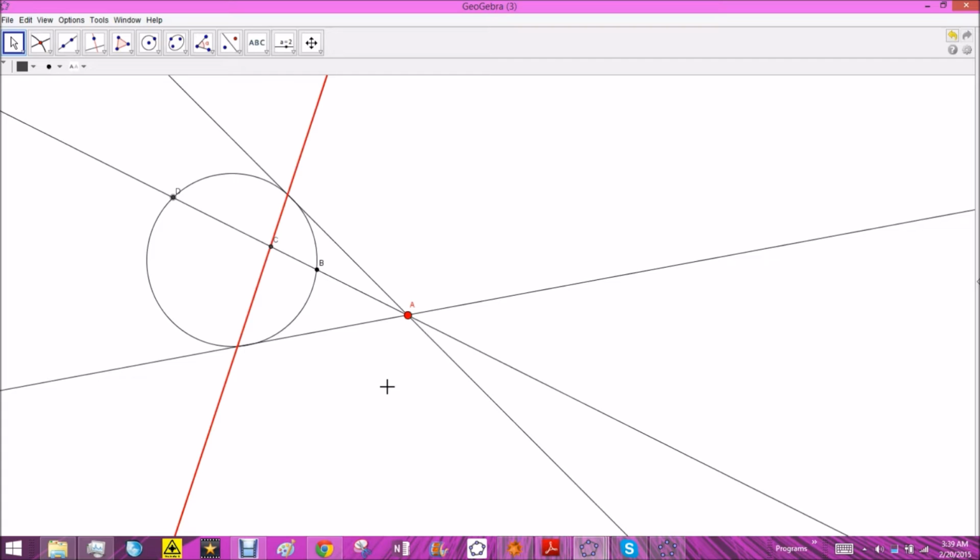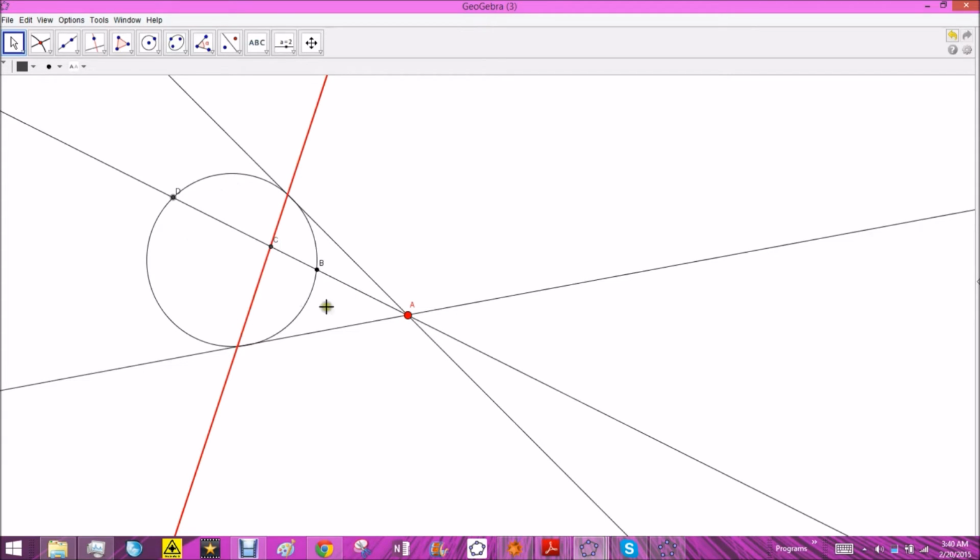So I've spoken a lot in my discussion of projective geometry about how there's this duality between points and lines. Well, this Apollonian construction here really allows you to find the dual of a point.